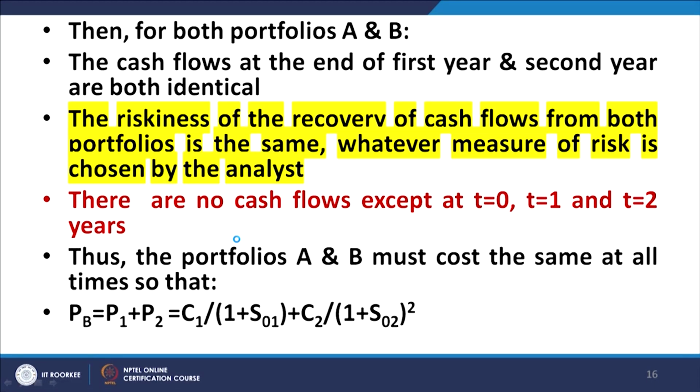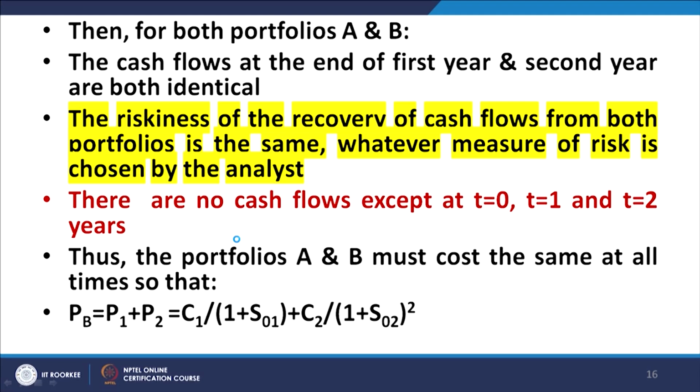So, this is what the discounted cash flow tells us. The current price, at least for the moment we are talking about the price, we will come back to it. The price of a bond is equal to the discounted value of future cash flows discounted at the market rates. What is S01, what is S02? These are the market rates of discounting.